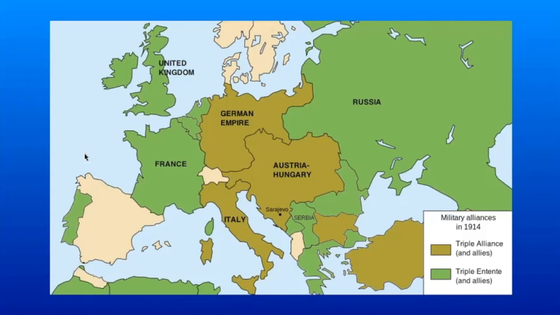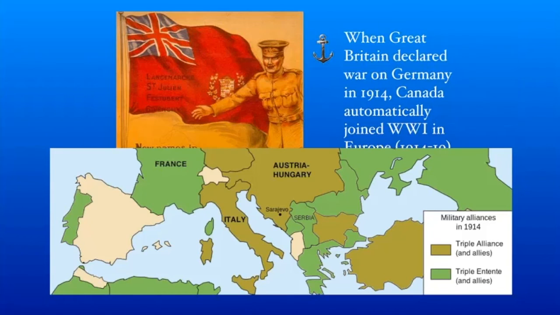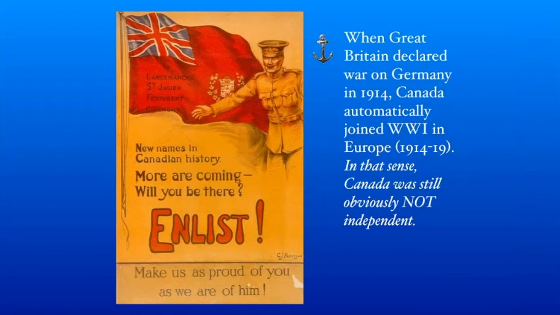Is it possible for that to happen to an independent country? Right? An independent country chooses for itself, decides what to do. Canada had no right to decide for itself. In World War I, Britain joined and Canada joined automatically.